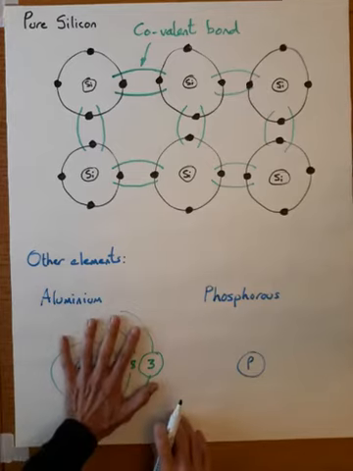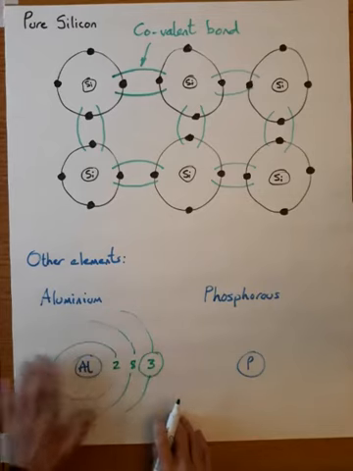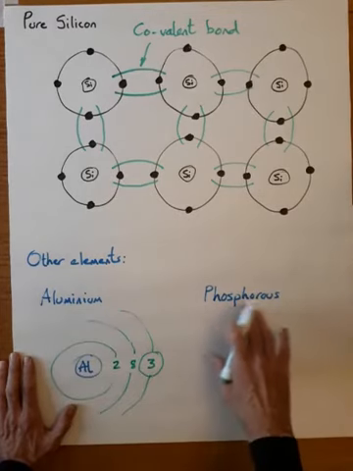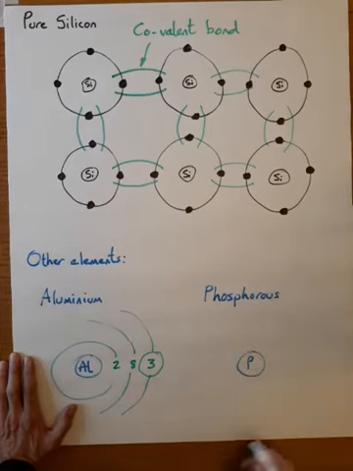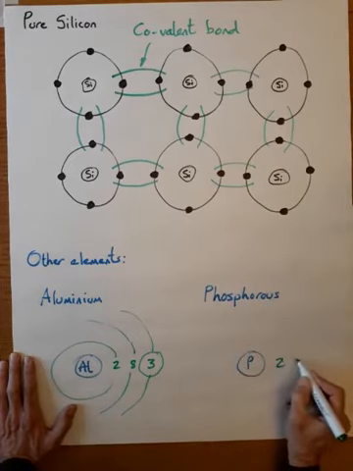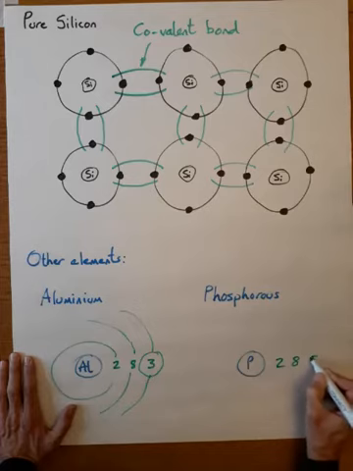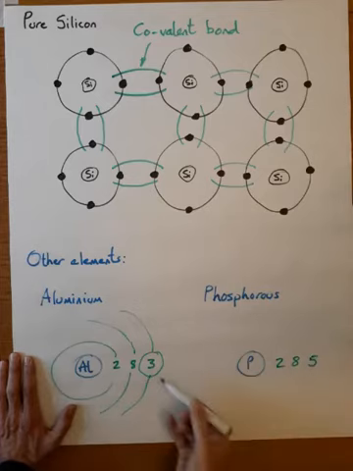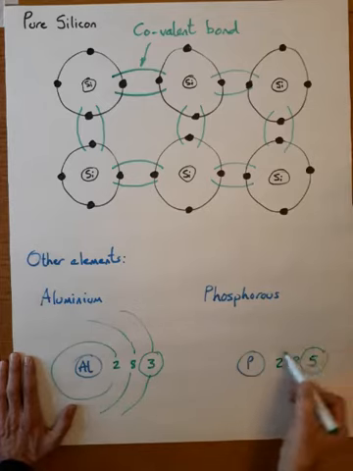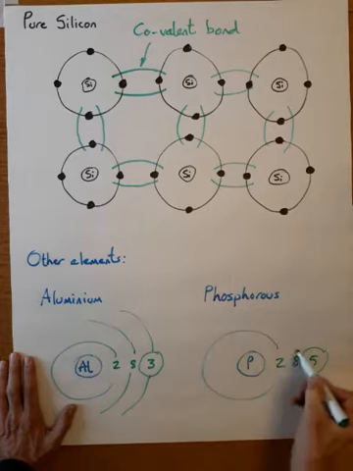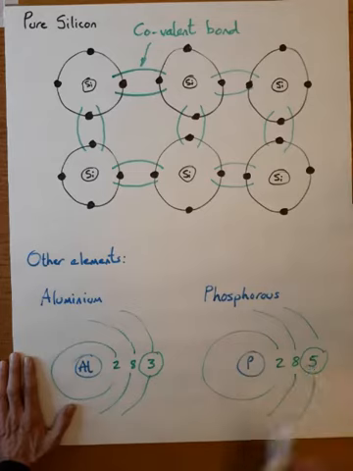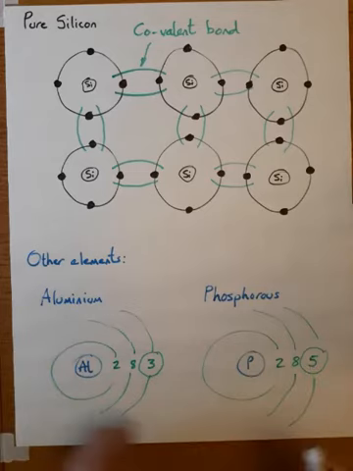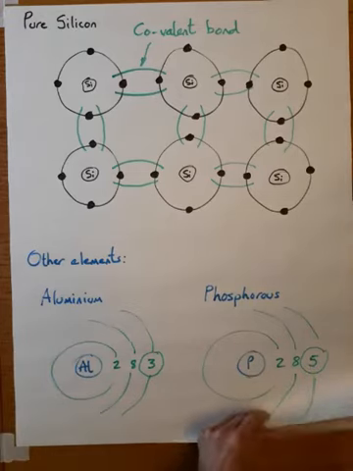We'll come back to that in just a few moments. Let's look at another element, in this case phosphorus, and its atomic structure is 2, 8, 5. So the numbers 3 and 5 are significant to us, and we're going to use these in the slides, in the sheets that follow.